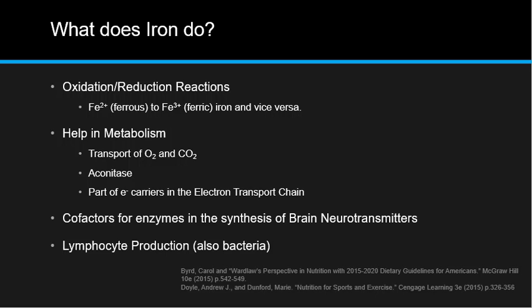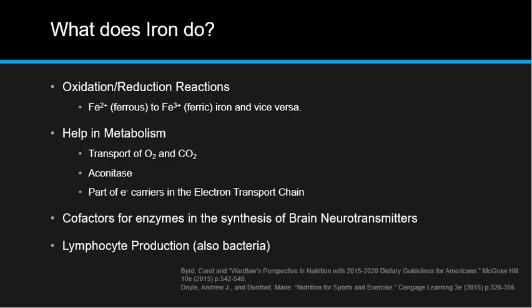Also, iron helps lymphocyte production. In particular, the T lymphocytes, or you might know them as cytotoxic T cells, and they help go around and destroy foreign materials in the body.